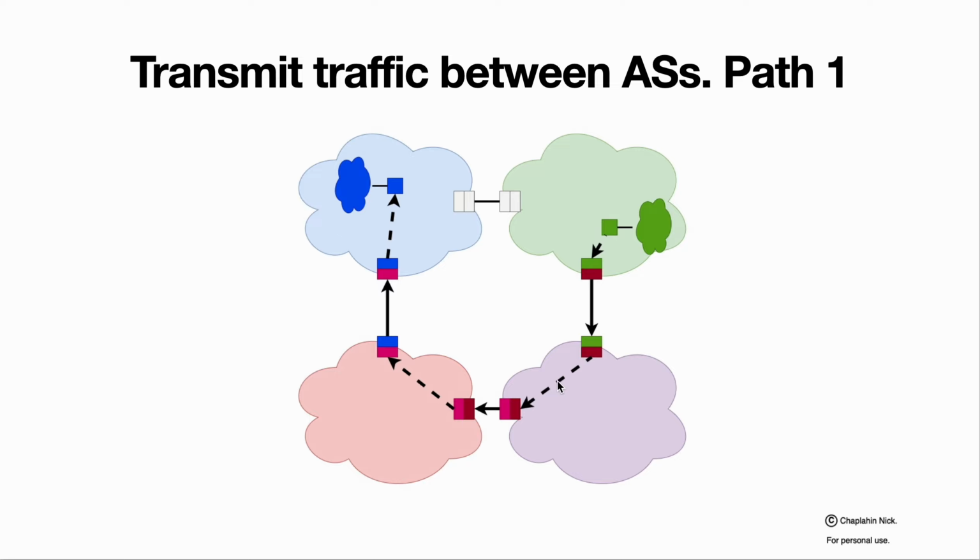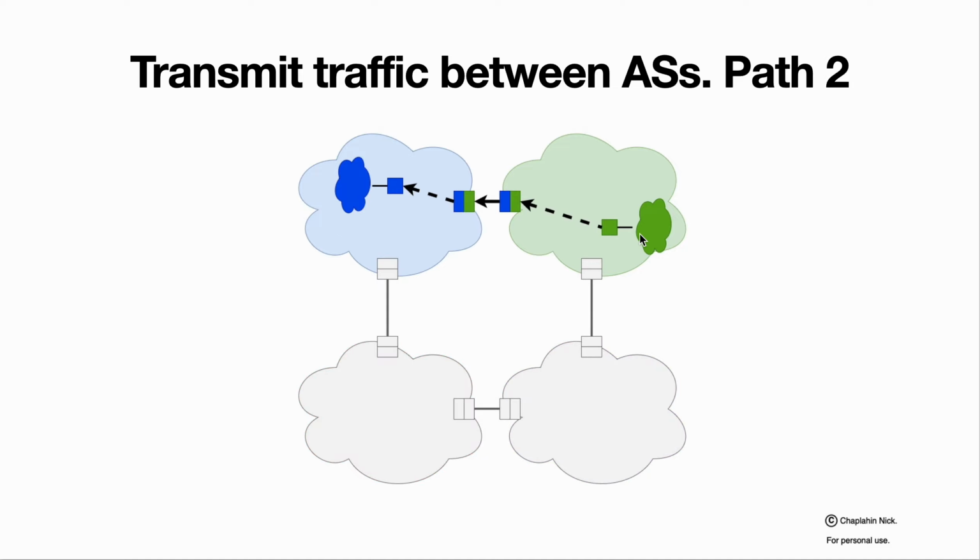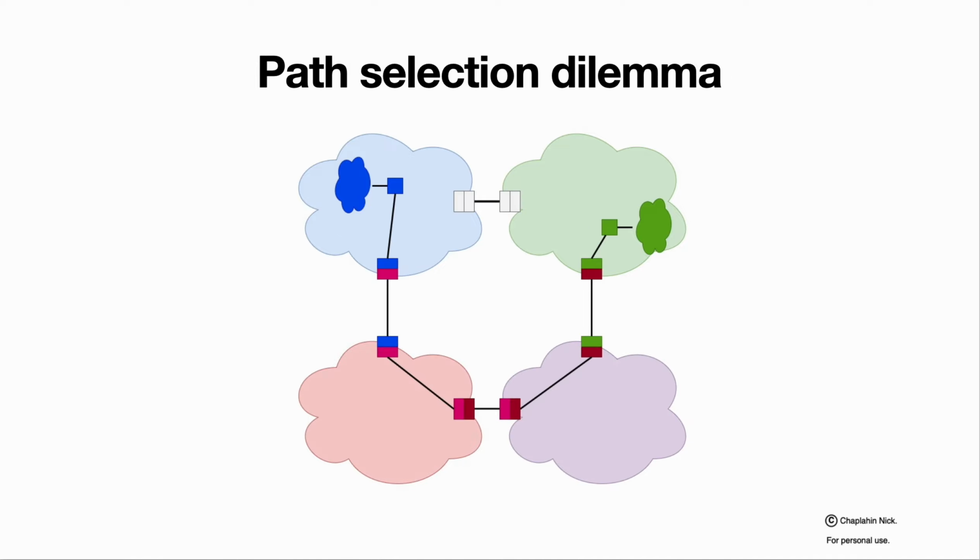So we have one path that looks longer because it goes through multiple autonomous systems, and a second path that is much shorter, to the neighboring autonomous system and then to the network, which looks perfect. This is a dilemma because it always depends on the configuration.